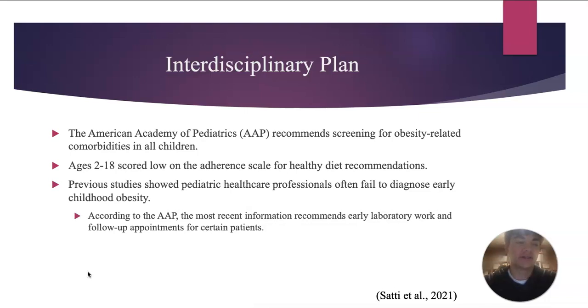For an interdisciplinary plan, the prevention and intervention strategies addressing childhood obesity require a multi-step approach consisting of 4 steps. The first is healthy eating, the second is physical activity, the third is parent and community involvement, and the fourth is educational programs.